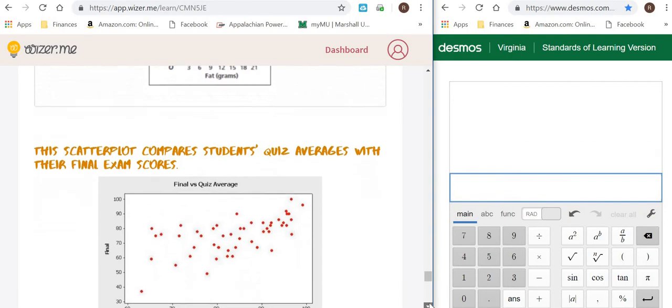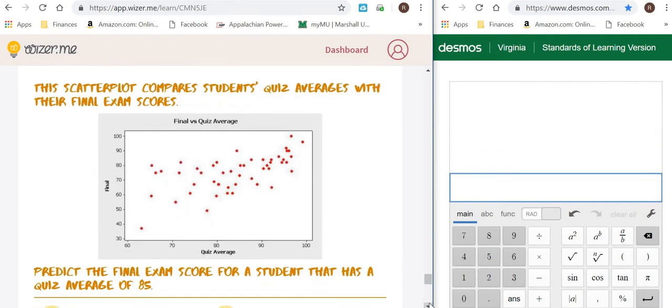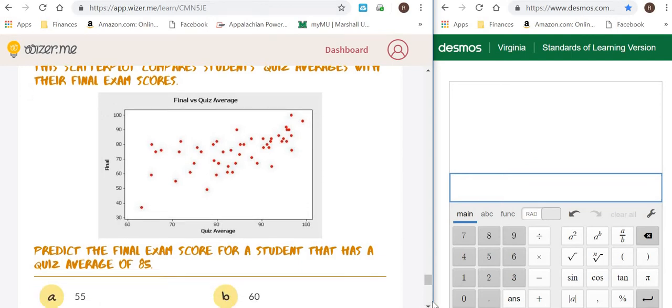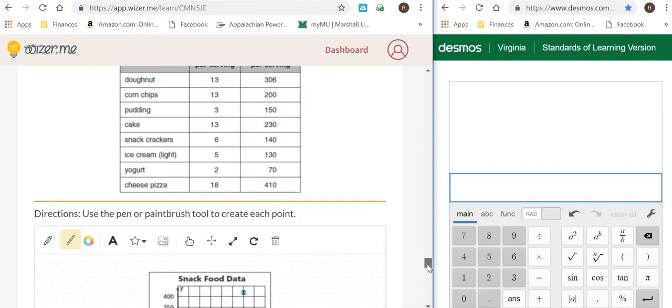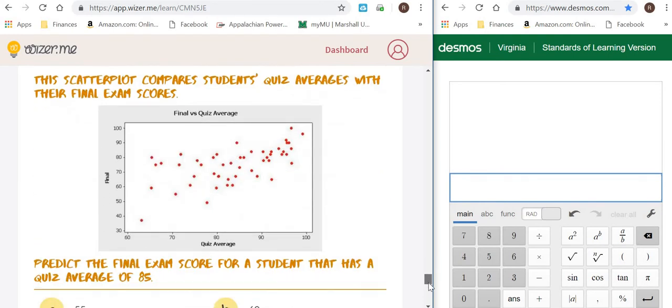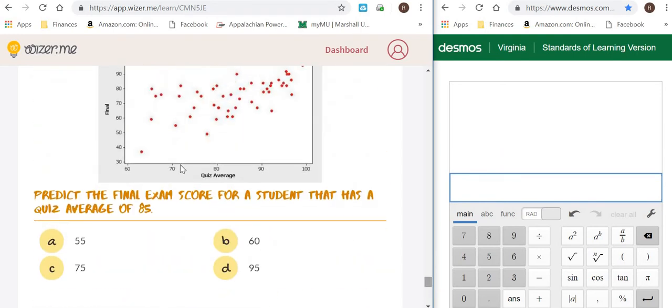Okay? The last thing says this scatter plot compares students' quiz averages with their final exam scores. Predict the final exam score for a student that has a quiz average of 85. Well, the first thing I would have to do here is draw a trend line, but I don't think it's going to let me, so we're just going to have to look at it.